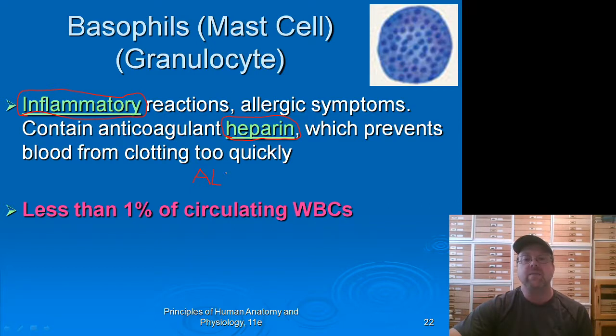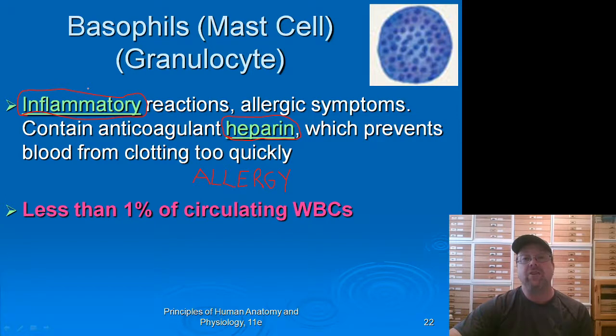And that makes sense when you think about it because when you have an allergy attack, what happens is these basophils and mast cells mistake the allergen for something bad like a bacteria. And when that happens, they're going to cause all this inflammation.